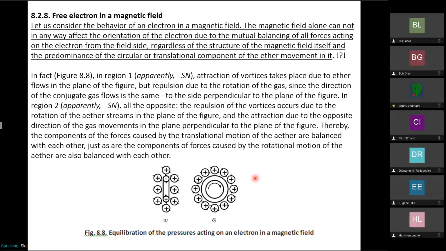We have been talking about the invariance of magnetic field, forces, strength lines on rotation and so on. But more important here is actually the total non-sensitivity of the electrons inside the magnetic field to the presence of whatever additional movement of those fields or those flows of ether.